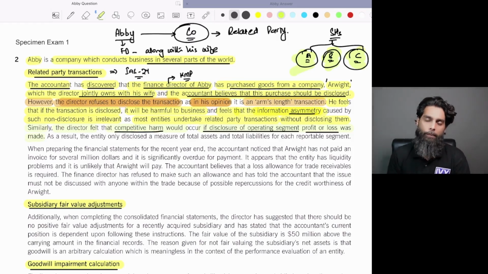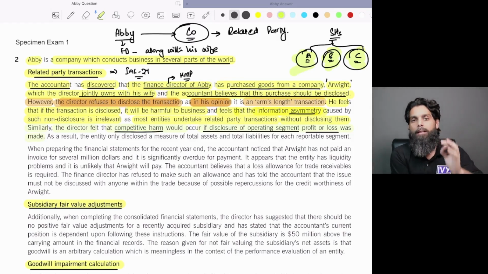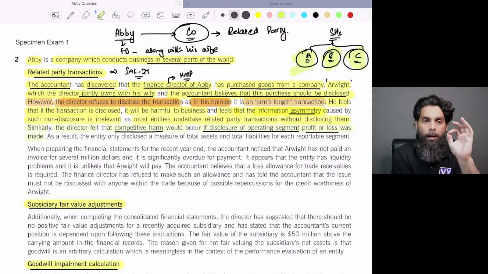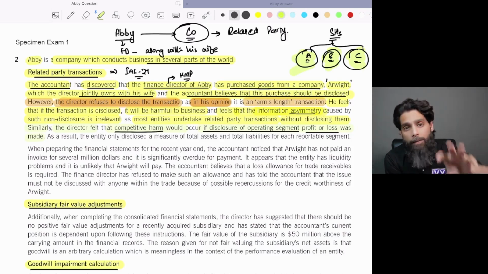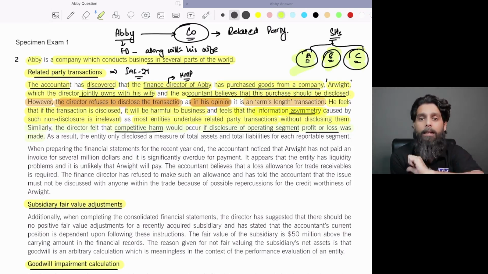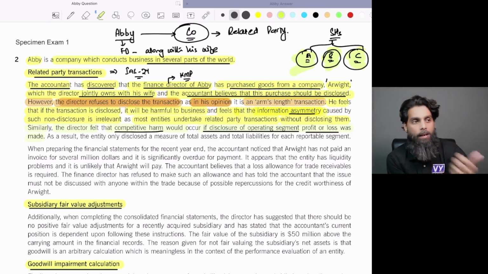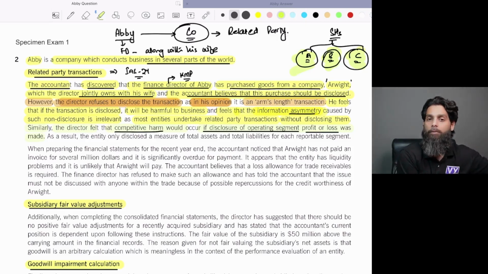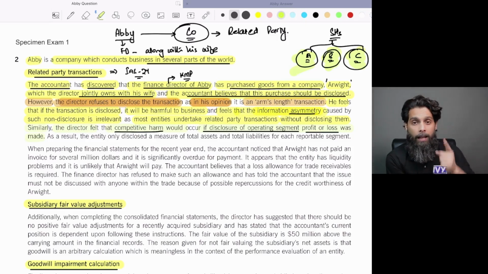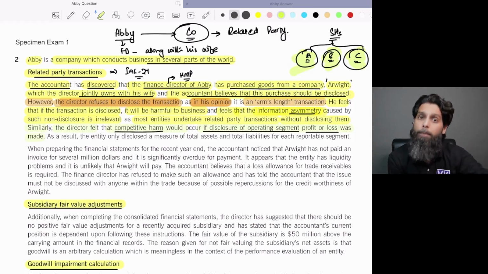Absolutely wrong perception. You need to make this clear in your mind that the accounting principles are such that even if they provide a certain bit of competitive harm, even if it gives your competitor detailed information about the company, if that information is relevant and it can be faithfully presented in your financial statements, then that information must be provided.